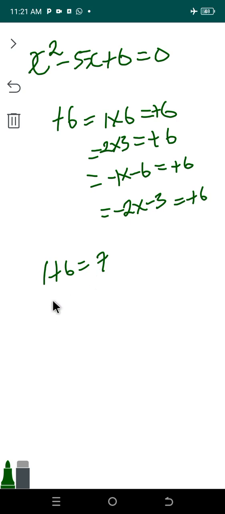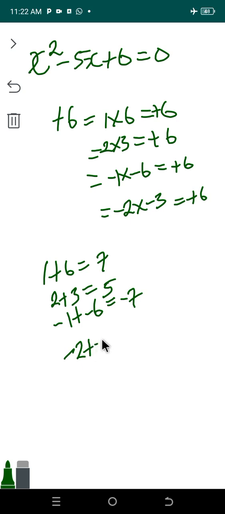Let's consider 2 plus 3 is giving us 5. Let us consider minus 1 plus minus 6 is giving us minus 7. Let us consider minus 2 plus minus 3 is giving us minus 5.